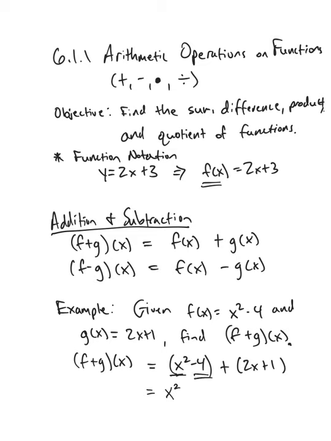How about negative 4? The like term would be plus 1. Well, what's negative 4 plus 1? Negative 3. And then 2x, there's no other x terms, so just x squared minus 3 plus 2x. That's combining like terms. We do want to write this in standard form, highest degree to lowest degree terms, so adding is just combining like terms: x squared plus 2x minus 3. That's my answer.